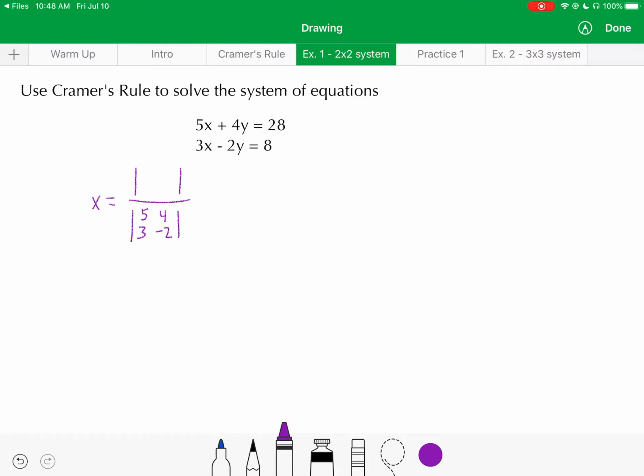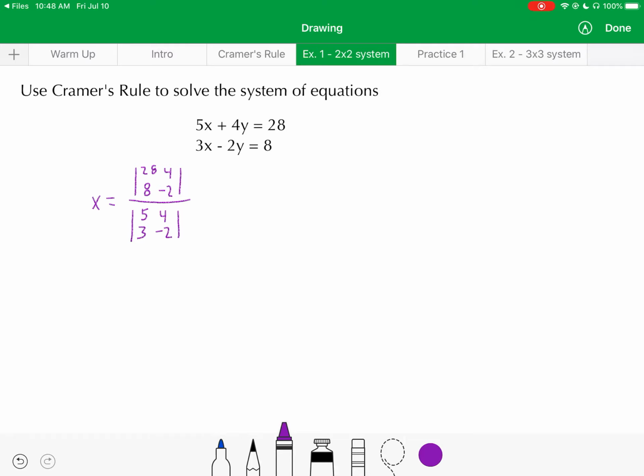And in the numerator, again, since I'm solving for x, the coefficients from x in my two equations will be replaced with the constants of the equation. So that would be 28 and 8 making up my first column. And then my second column would be the coefficients of y.